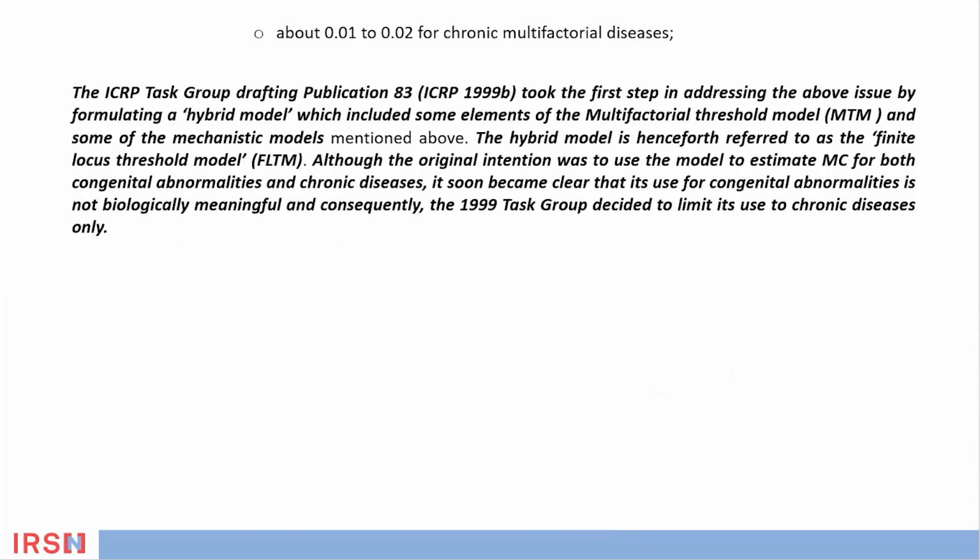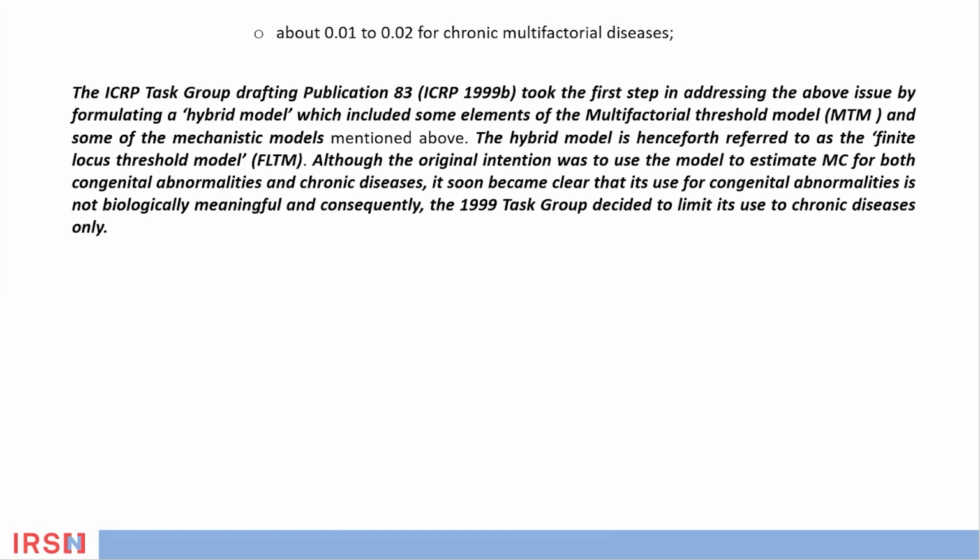And how was the mutation component calculated for multifactorial disease? They addressed the issue by formulating a hybrid model which included some elements of a multifactorial threshold model and some of the mechanistic models. I don't know, they did some mathematical or algebraic calculations.